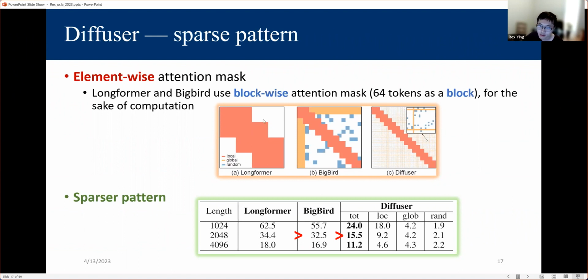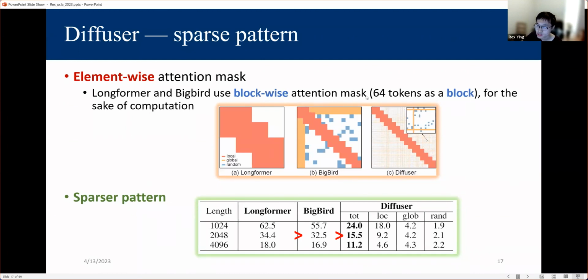So instead of having those large blocks in, say, Longformer and Big Bird, our diagonal local window blocks are much smaller. Another observation is that instead of having a lot of blocks of random attention, our random attention, these small blue blocks, is a lot smaller. In fact, the granularity is just per token.